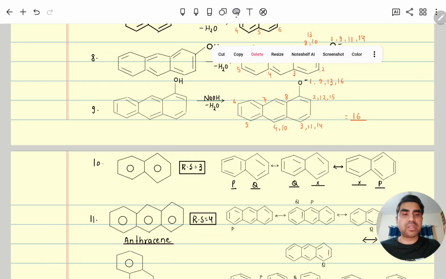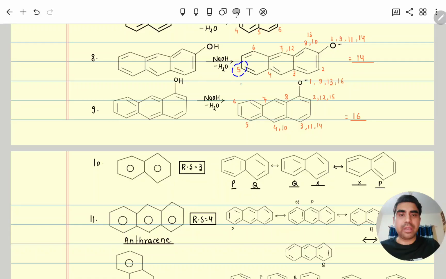Now with the bridgehead, since this direction we are covering, so this direction we will cover. So from here, how many done? 1, 2, 3, 4, 5, 6, 7, 8, 9. Now from here, with respect to this 10, 11, and with respect to this 12, 13, 14. So total 14 resonating.